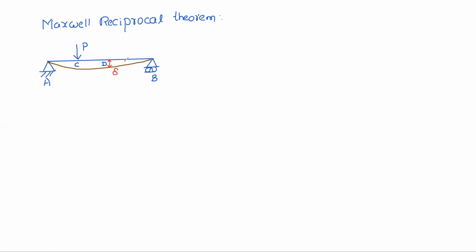According to Maxwell reciprocal theorem, suppose if you interchange the load position to D, that is, instead of placing the load at C, just place the load at D, and measure the displacement at C point.